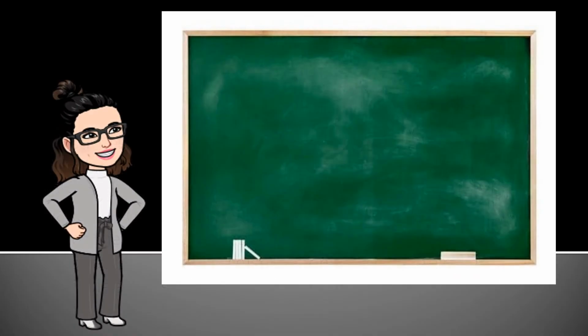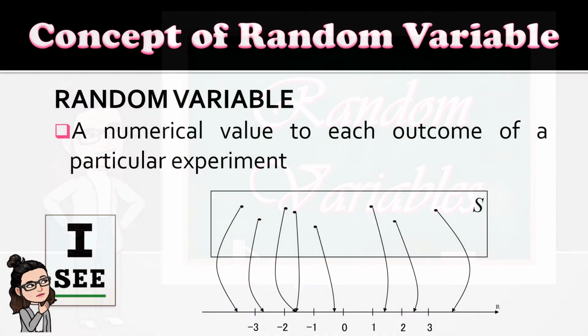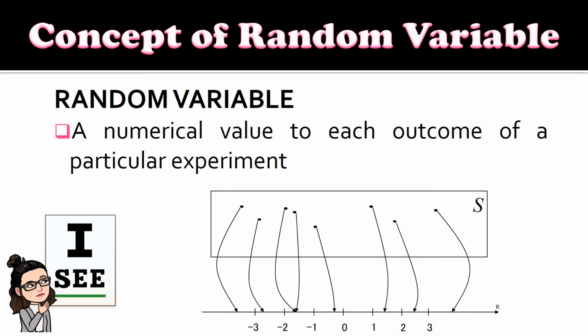For today's topic, we have random variables. So what is a random variable? It is a numerical value assigned to each outcome of a particular experiment. As you can see from the illustration, the rectangle shows the outcomes.